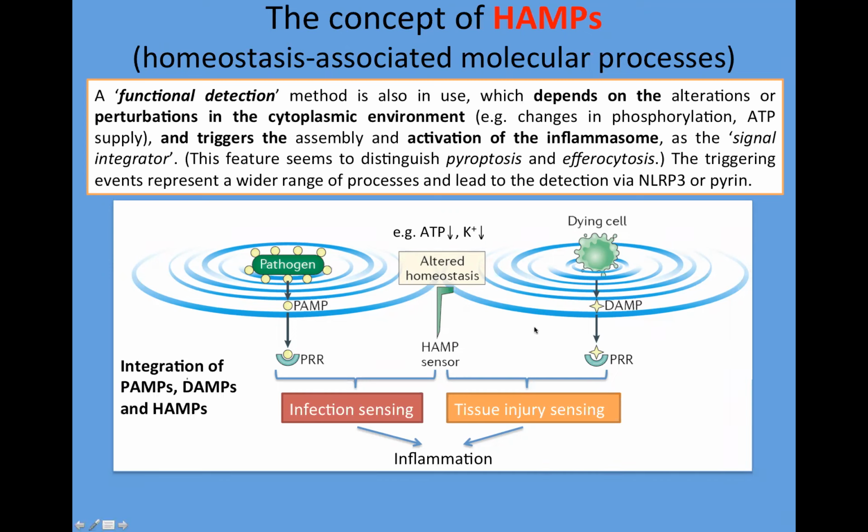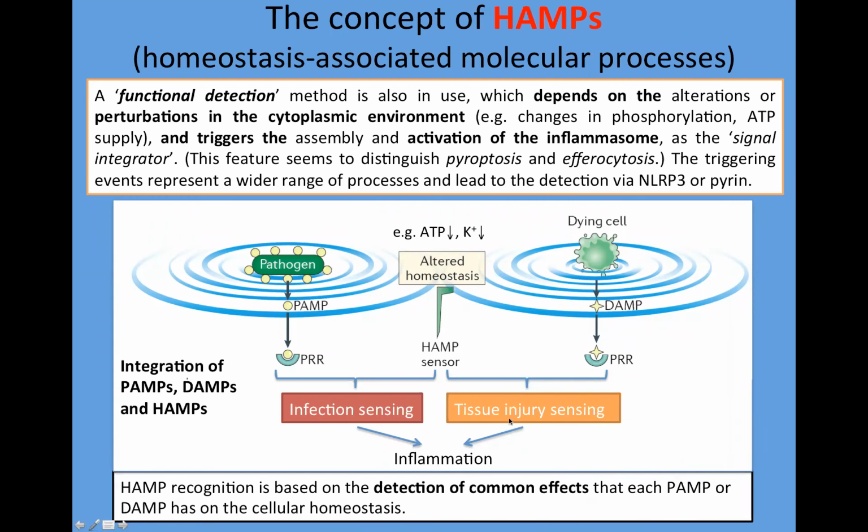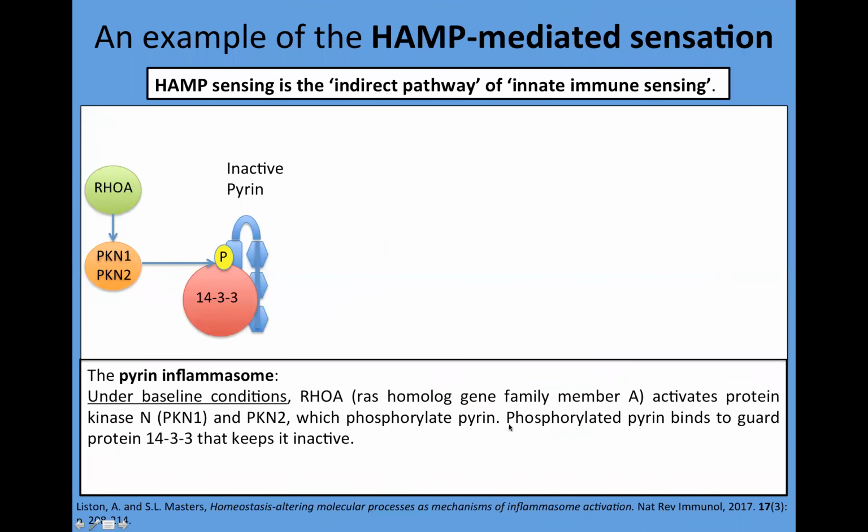So to see one of the examples of HAM sensing, here is the pyrin, which is more or less an inactive protein in the normal cells. There's a guarding protein, the 14-3-3, which is constantly in a phosphorylated state and keeps the pyrin inactive.